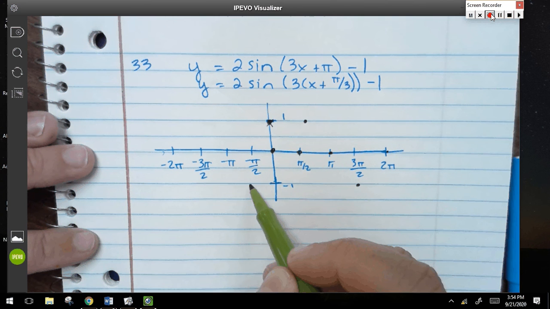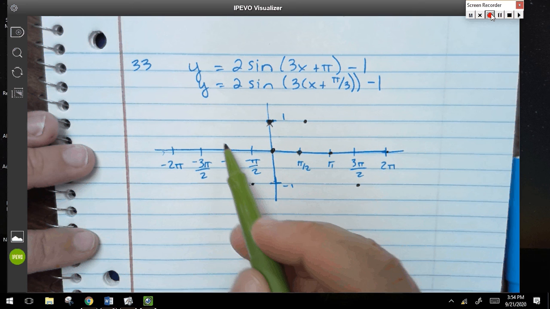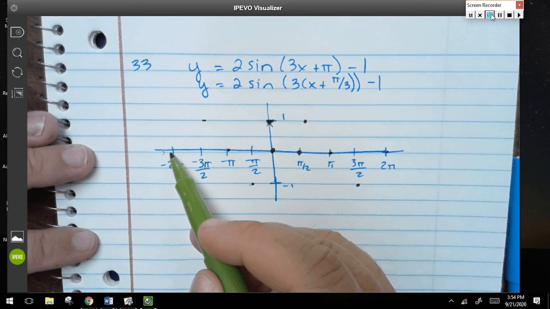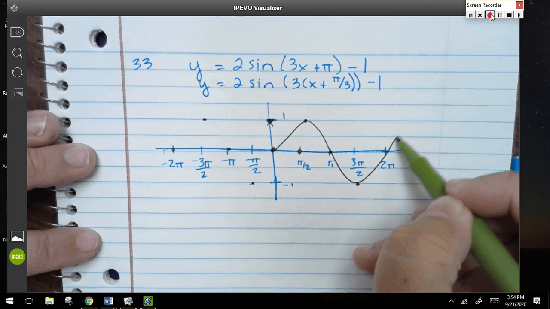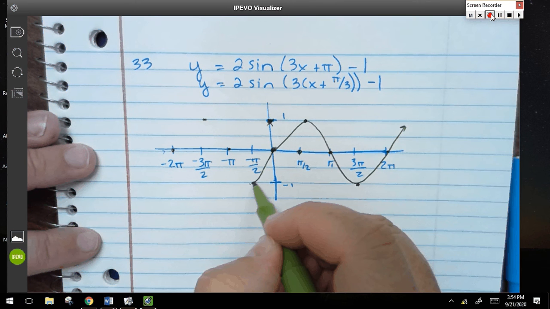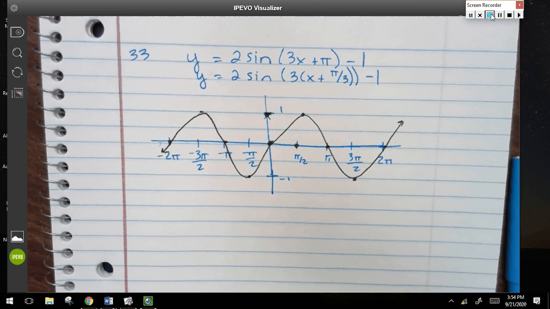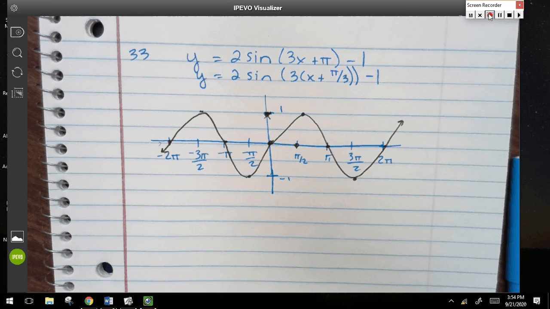Not only is the amplitude changing, okay, my period is changing. So my period is now 2 pi over 3, right? Which means now, instead of it taking 2 pi, in a third of that distance I'm going to make a complete cycle.